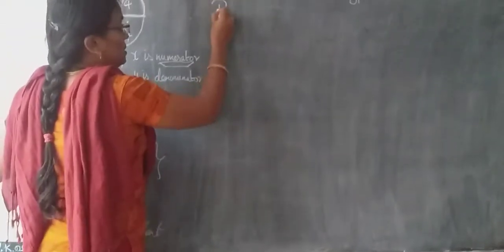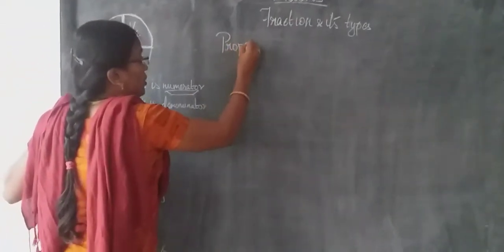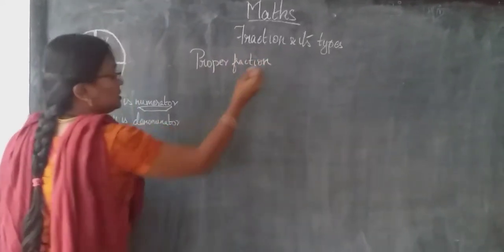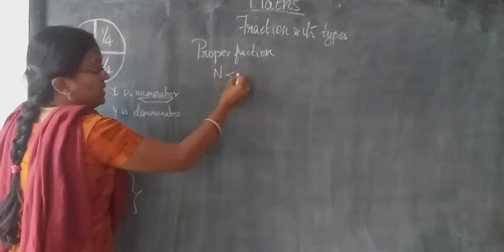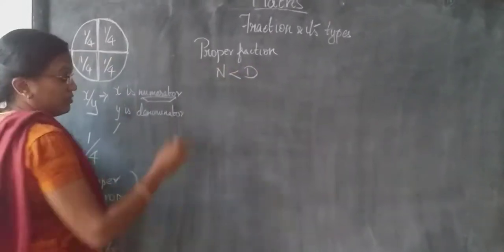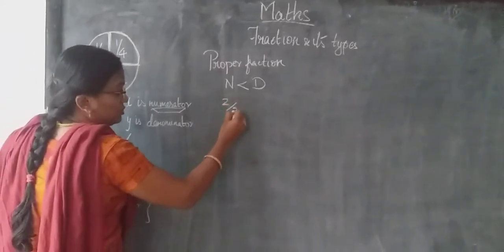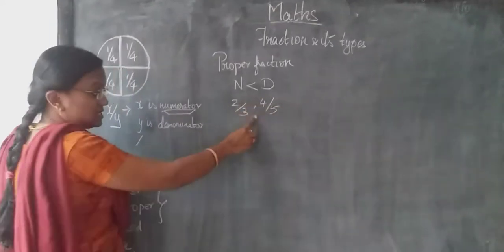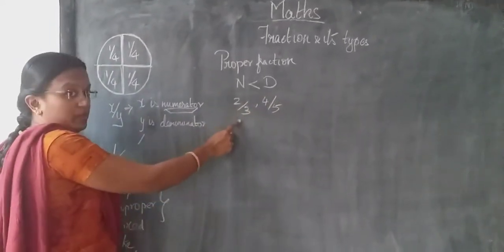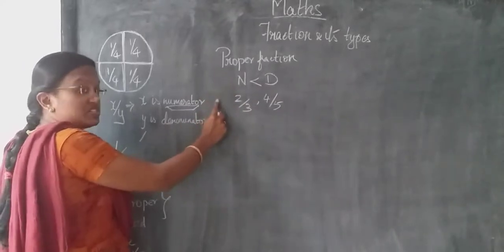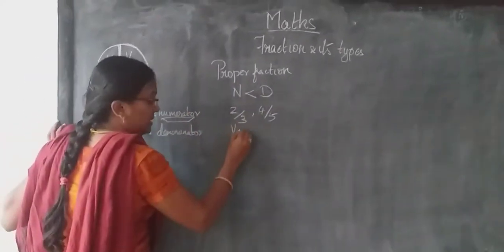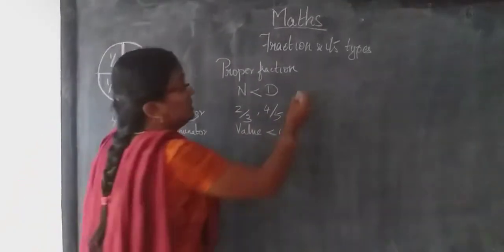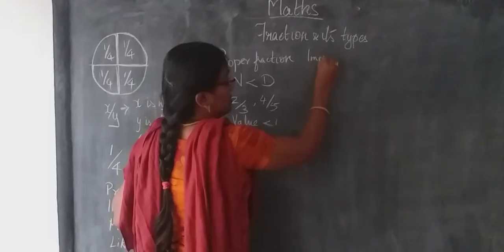First of all, I will explain the proper fraction. A proper fraction is one in which the numerator is less than the denominator. For example, 2 bar 3, 4 bar 5. In these cases, the numerator is less than the denominator. The value of a proper fraction will always be less than 1. Next is the improper fraction.